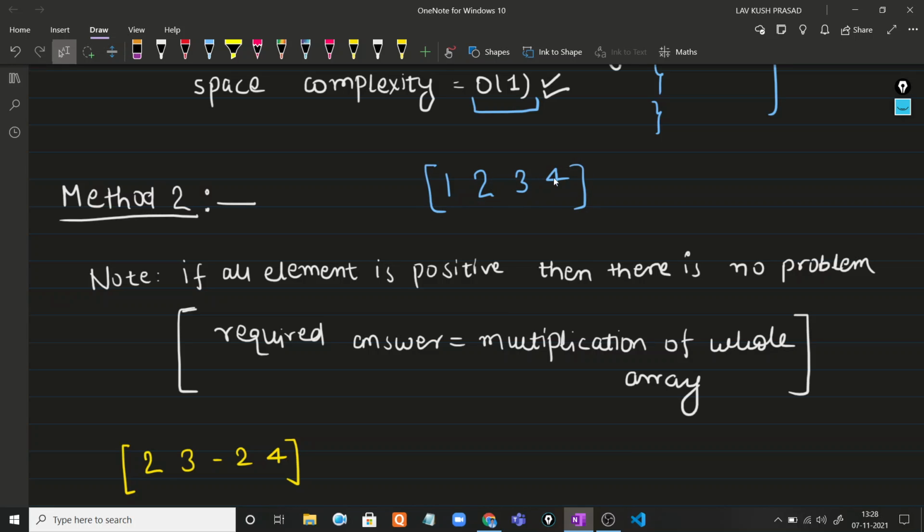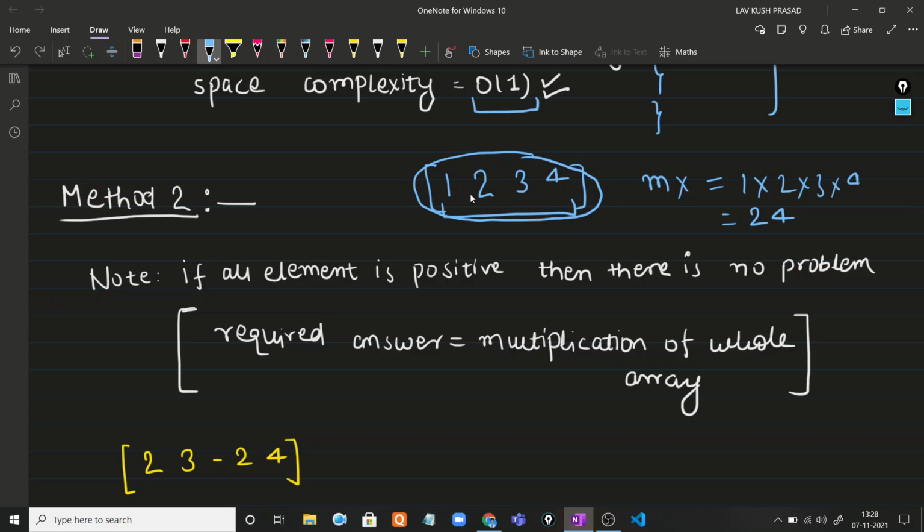So what is the maximum product of any subarray? The maximum product of a subarray is equal to the multiplication of all values, 1 into 2 into 3 into 4, which is equal to 24, right? If we have an array in which all values are positive, there is no problem. We can take the multiplication of the whole array, and that's our answer.